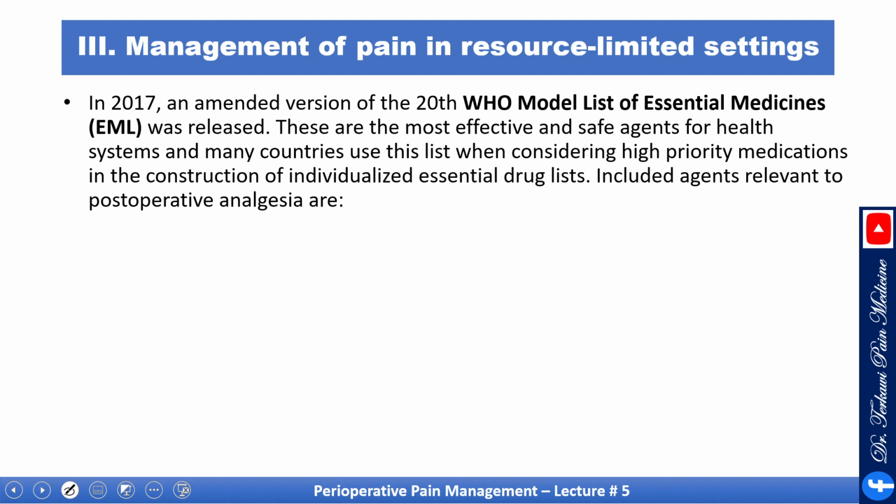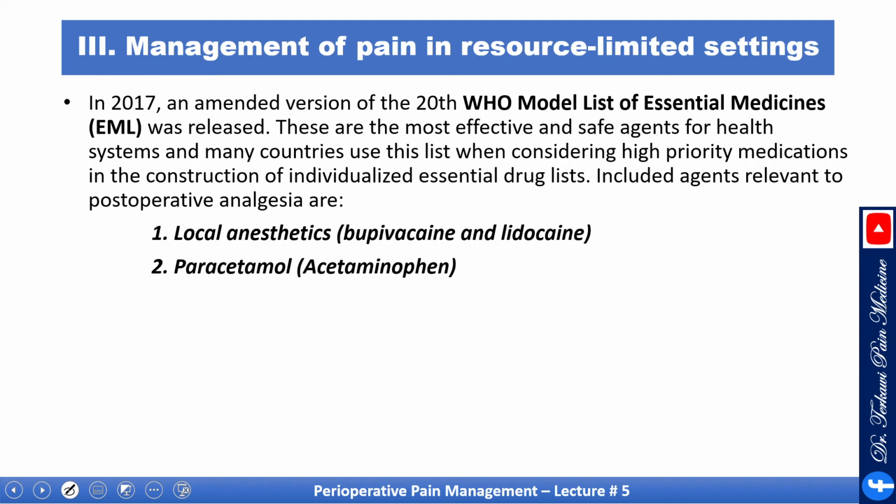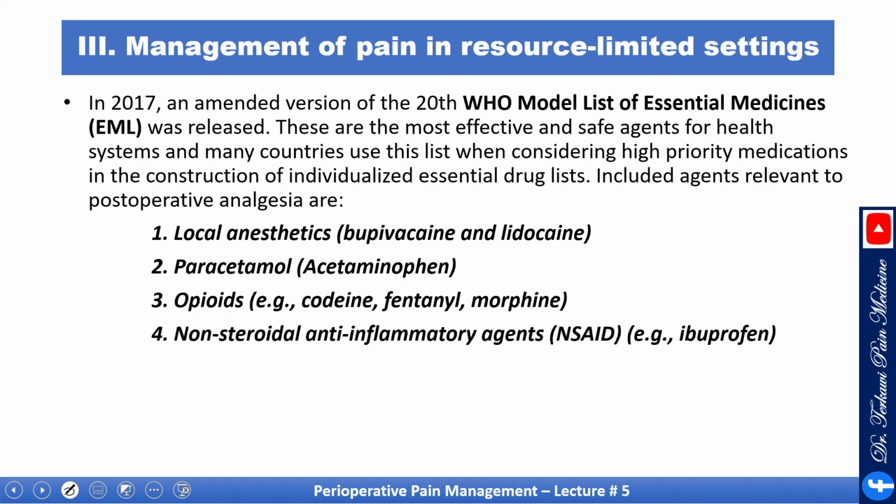In 2017, the WHO listed essential medications that should be available, and are mostly available, in resource-limited settings, and encouraged their use: local anesthetics, acetaminophen or paracetamol, opioids such as codeine, fentanyl, and morphine, non-steroidals like ibuprofen, and ketamine.